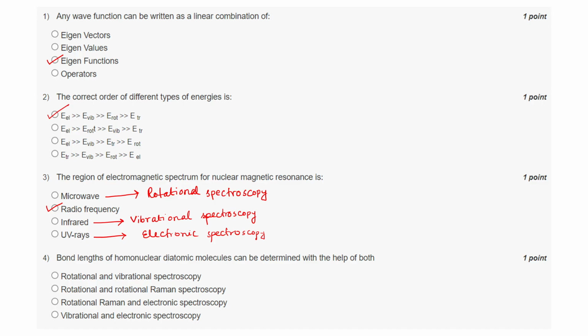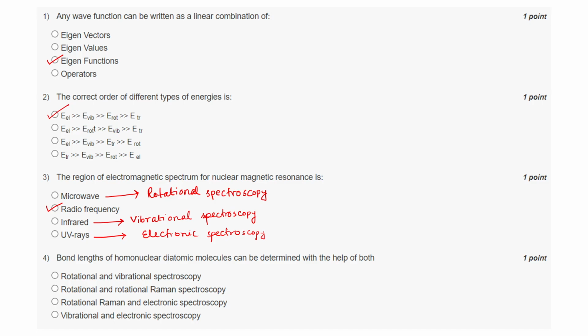Whenever bond length is being discussed, obviously in week two you will get to know more about this, but even I sometimes make mistakes. Whenever the question of bond length comes into the picture, we always think about rotational spectroscopy, right? Because there is this B constant, we'll come to know in the second week. Obviously, I will not go into the depth.